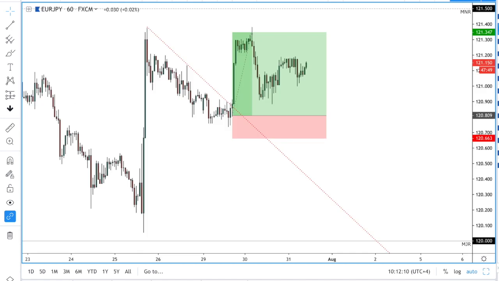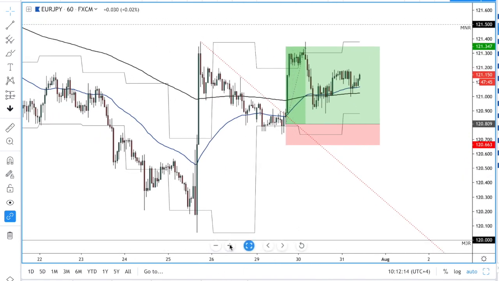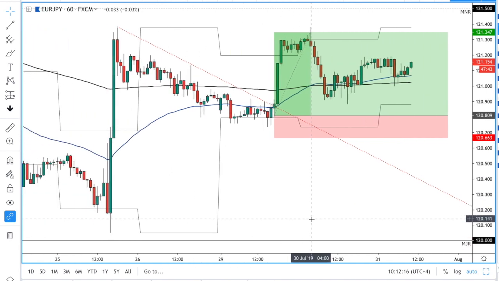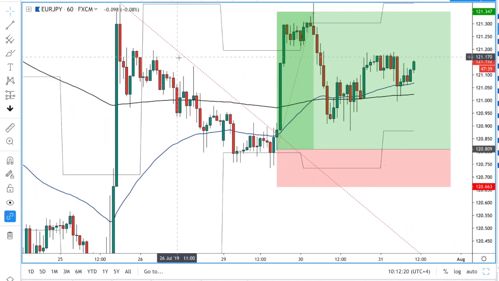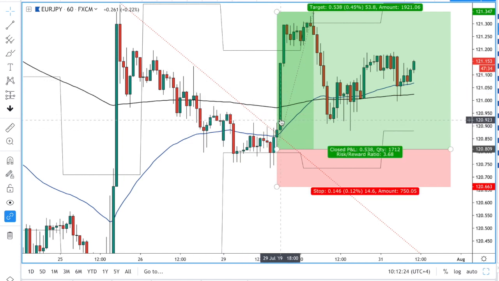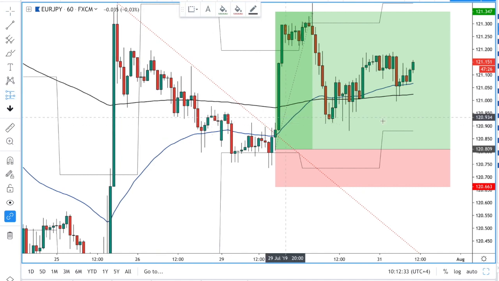And the final one, Euro JPY, is exactly the same: retail traders would probably look at getting into this market a little bit too late. They would be waiting for this trend line cross, and then on this candle that starts moving, this is where they'd be buying. I'll show you an example of the difference in risk reward.